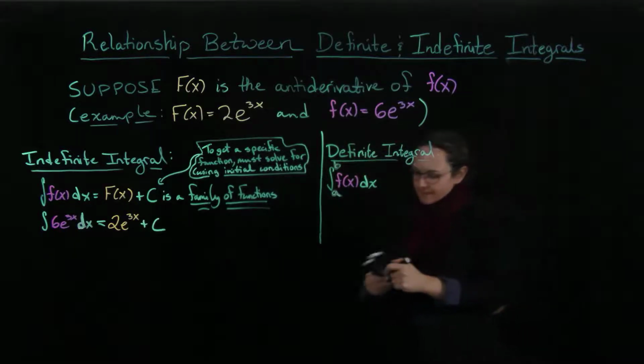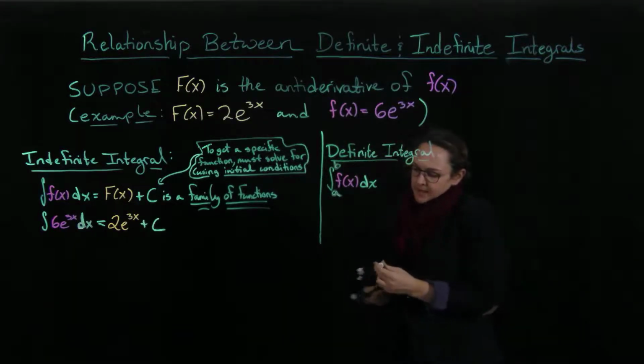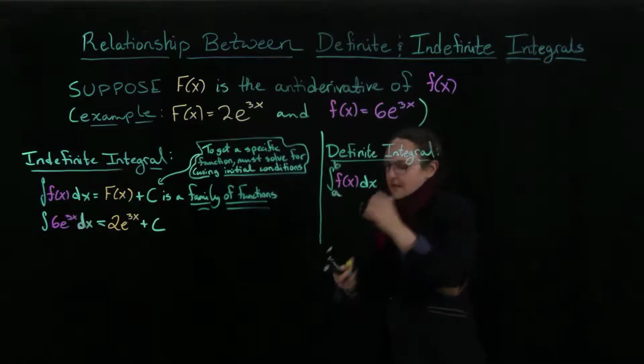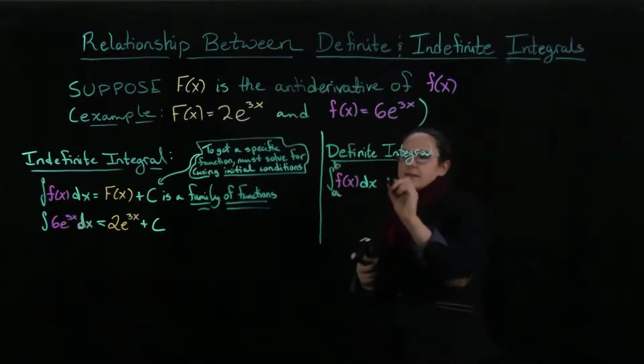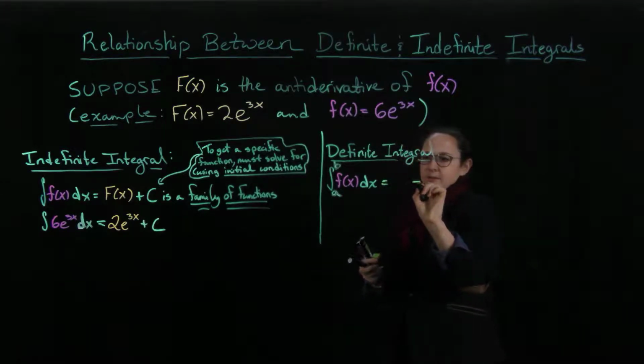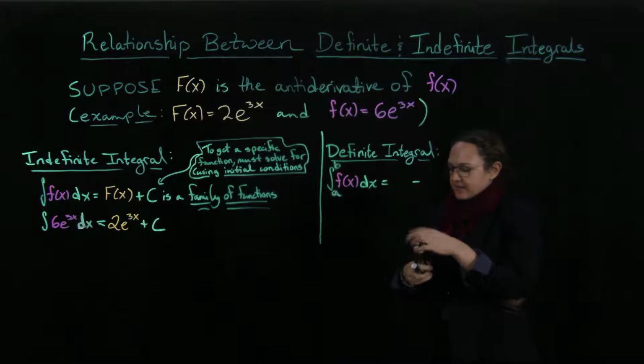Then this is going to equal that same antiderivative, but now I'm going to subtract the values that the antiderivative takes at my two bounds.